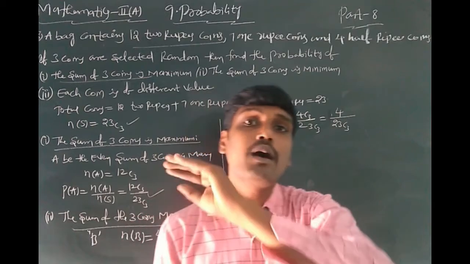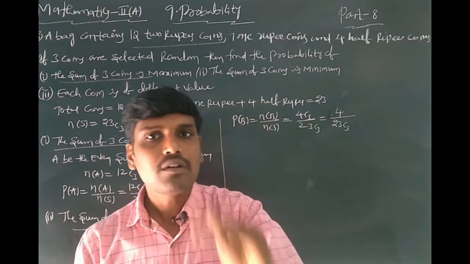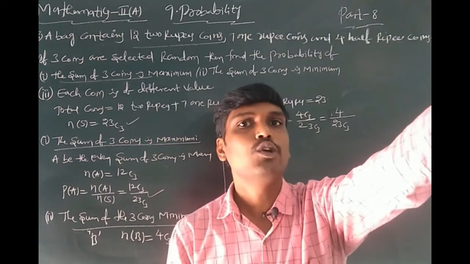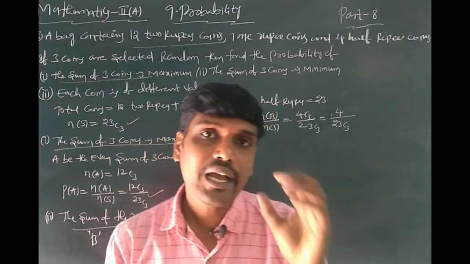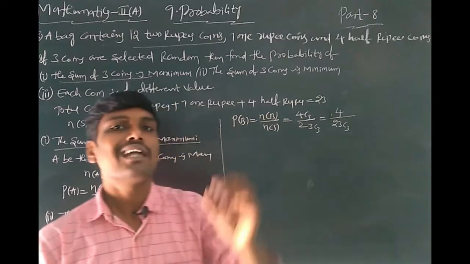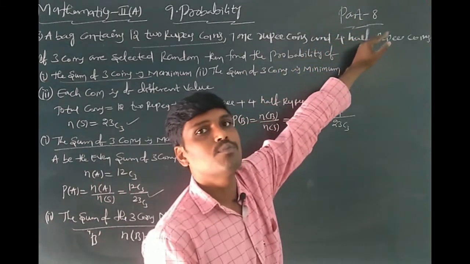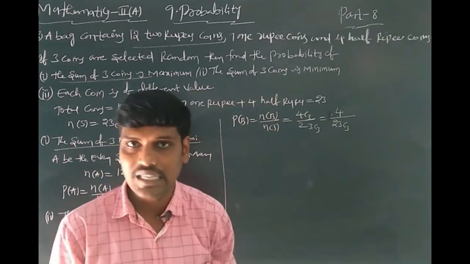First one, the sum of the coins is maximum: you have to take the maximum value coins, 3 coins. Sum of the 3 coins is minimum: you have to select the minimum value coins among the 3 coins selected.